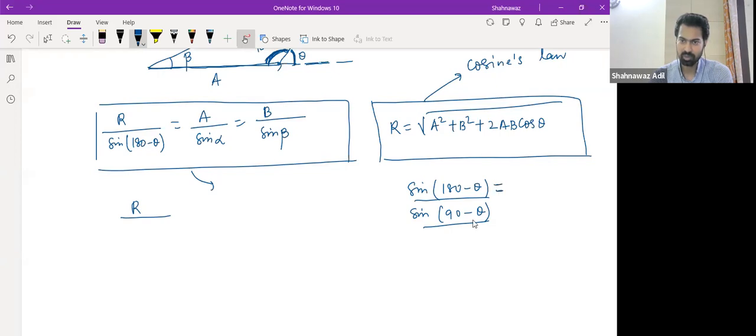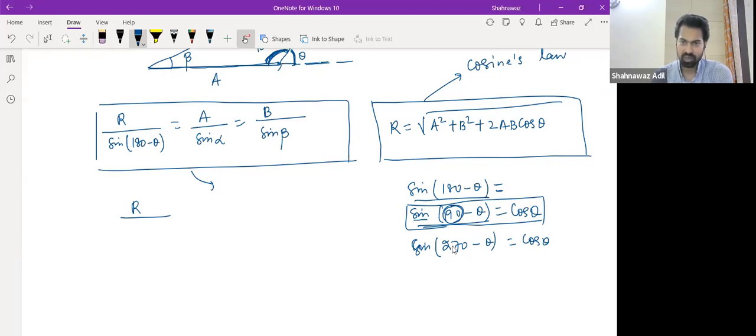Now sine 90 minus theta is cos theta. Everybody remembers, right? Whenever we have an odd multiple of 90, sine changes to cos. Let's say sine of 270 minus theta would be how much? This would be cos theta, because we have an odd multiple of 90. 90 times 3 is 270, right?